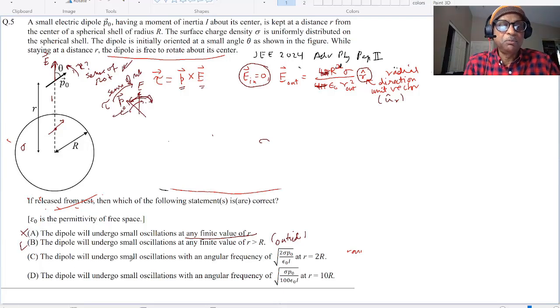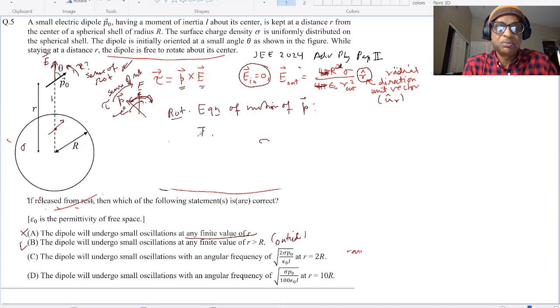How about the dipole will undergo small oscillation with angular frequency? So how do we get angular frequency? We have to write a torque equation of motion. So for distinguishing C and D, we need to write the equation of motion of this dipole. This is the rotational equation of motion I'm going to write.